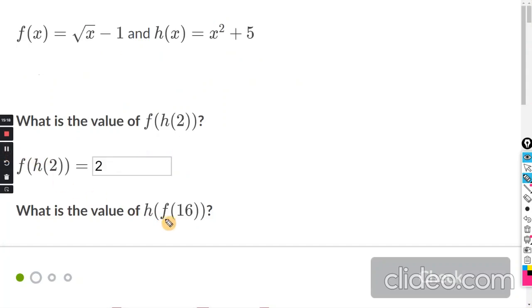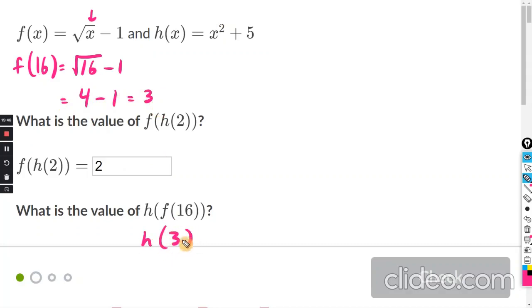Okay, now we want to find h of f of 16. You plug in 16 for the f function. So 16 goes right in there. It's going to be radical 16 minus 1. Radical 16 is 4 minus 1 gives us 3. All right, so f of 16 is 3.